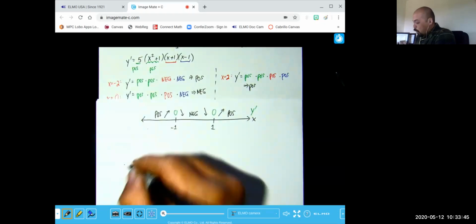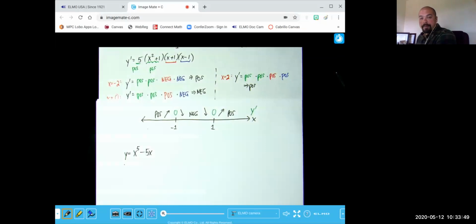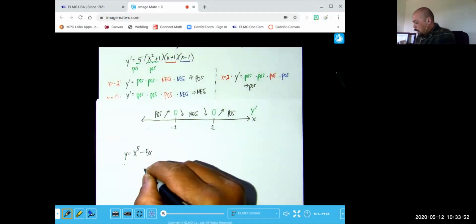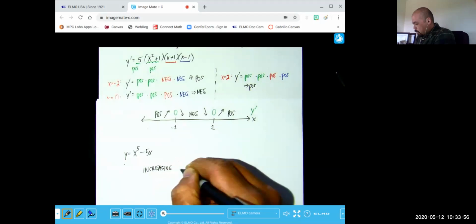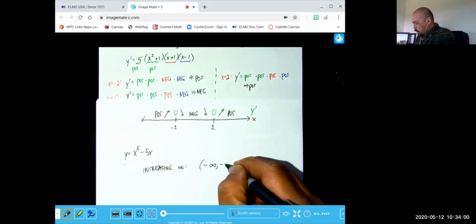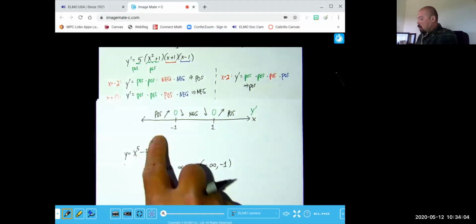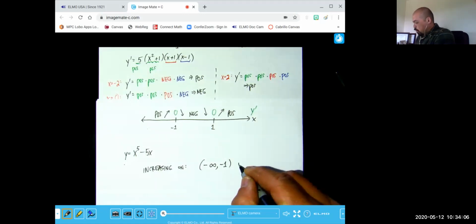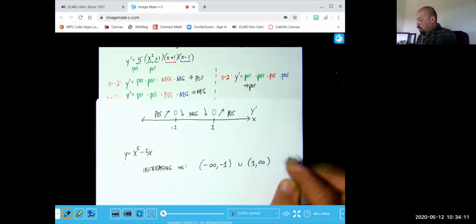So in this case, for our equation, we see here we're increasing on these intervals from negative infinity to -1, and then also, I'll say union here, from 1 to infinity.